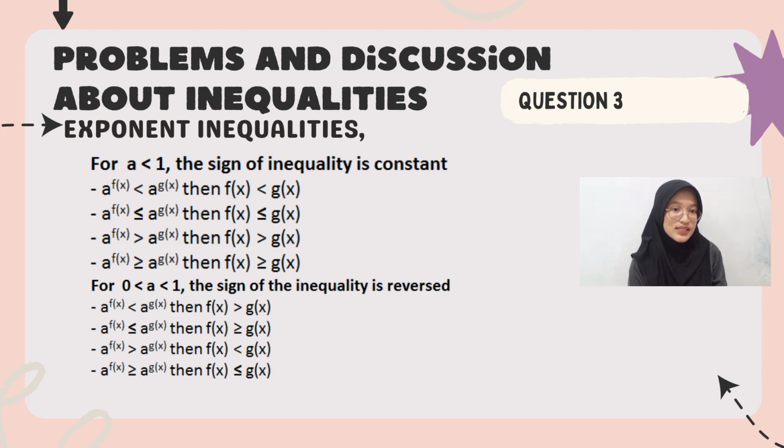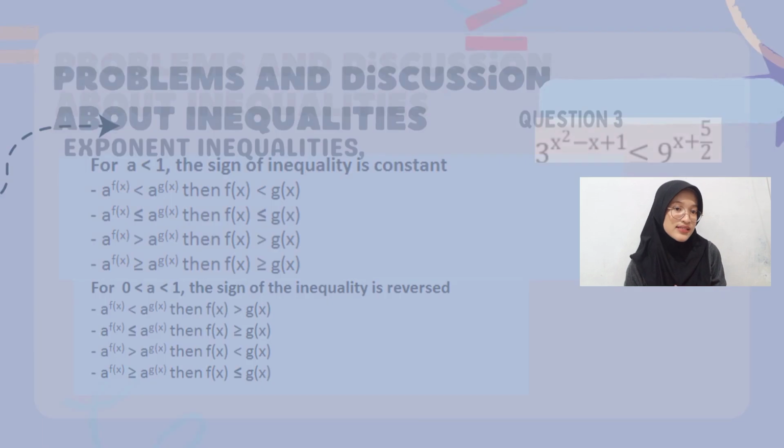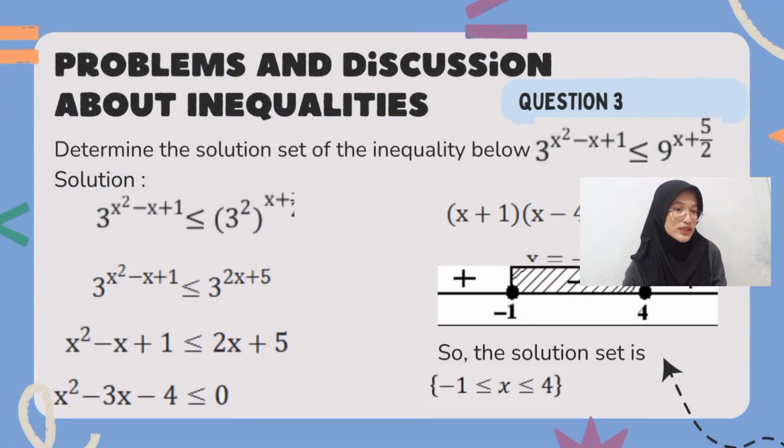As you can see on the video, for a greater than 1, the sign of the inequality is constant, and for 0 less than a less than 1, the sign of the inequality is reversed. So, let's go to the next question.